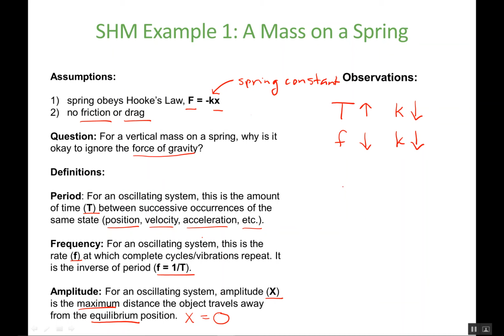We also observed that the period got larger as the mass got larger, or the frequency got smaller as the mass got larger. And amplitude didn't have any effect at all. Okay, so keep these observations in mind as we derive mathematical expressions to describe this system and what's going on.